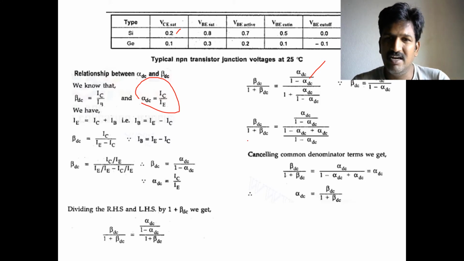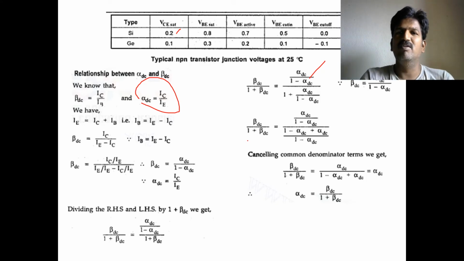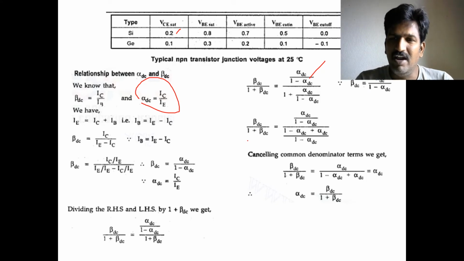Then beta DC divided by 1 plus beta DC is equal to alpha DC divided by 1 minus alpha DC, divided by 1 minus alpha DC plus alpha DC divided by 1 minus alpha DC. Cancelling common denominator terms, we finally get alpha DC equal to beta DC divided by 1 plus beta DC.